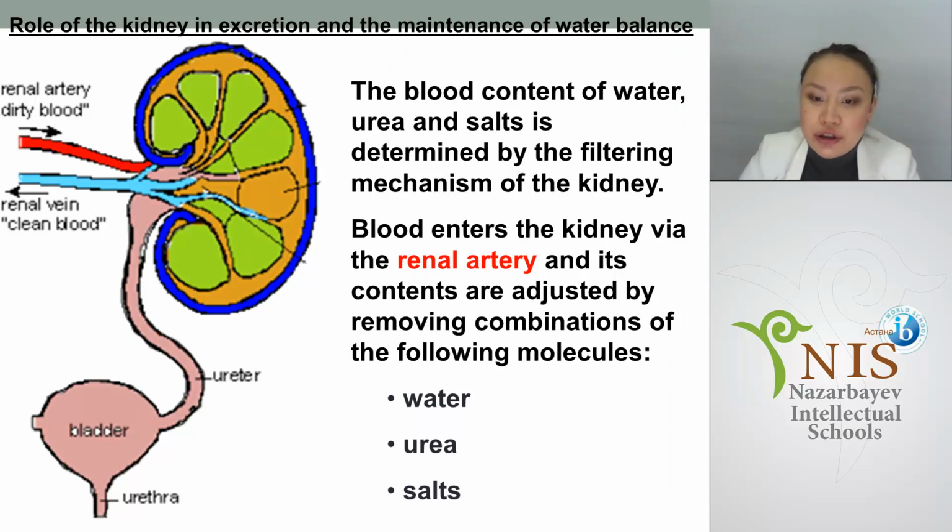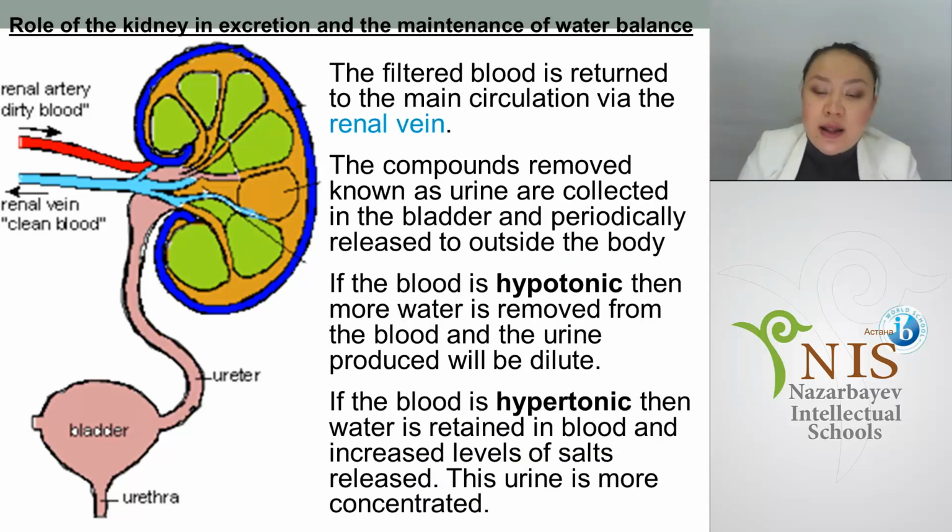The blood content of water, urea and salt is determined by the filtering mechanism of the kidney. Blood enters the kidney via the renal artery, and its contents are adjusted by removing a combination of the following molecules: water, urea and salts.